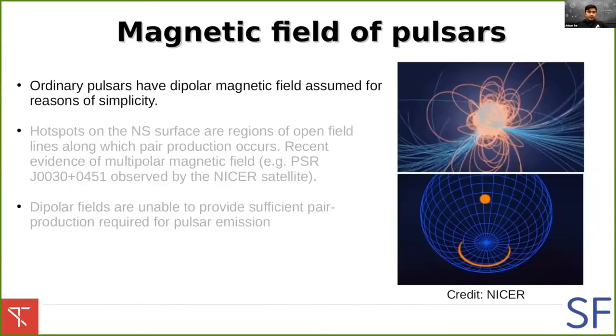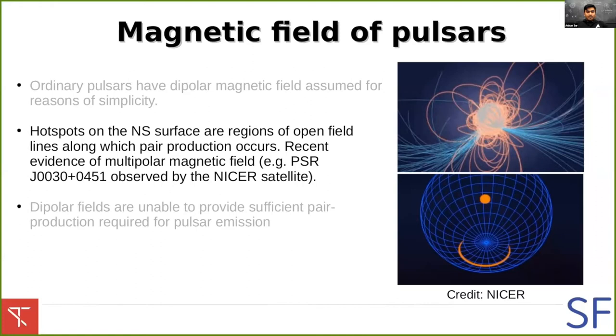The magnetic field of pulsars plays a very important role in their lifetime in driving many physical processes. Therefore, we must understand what kind of magnetic fields exist. So in ordinary pulsars, we have an almost dipolar magnetic field, not only assumed because it's a simple model, but also inferred from the spin down of pulsars.